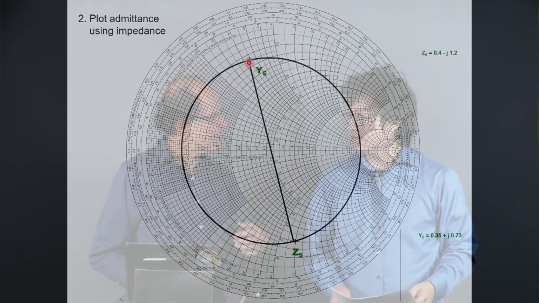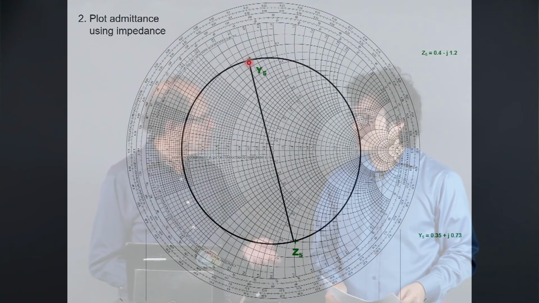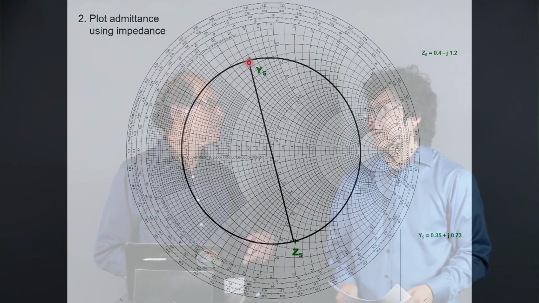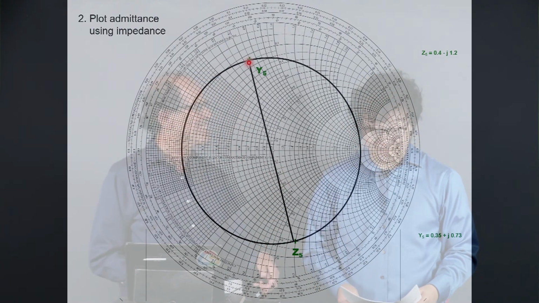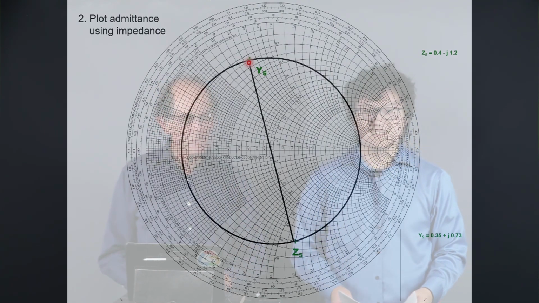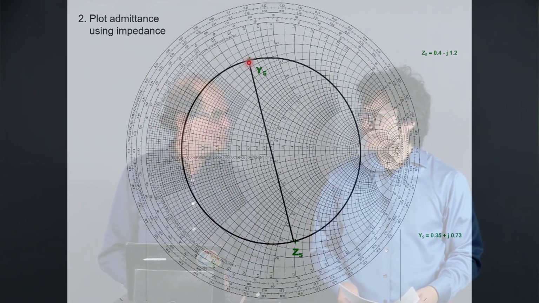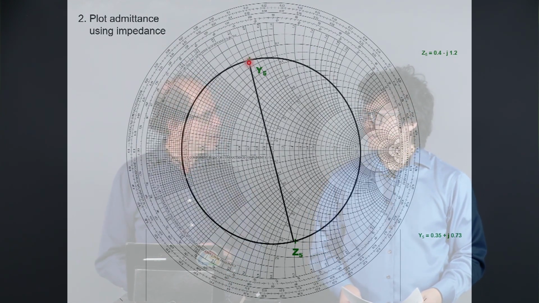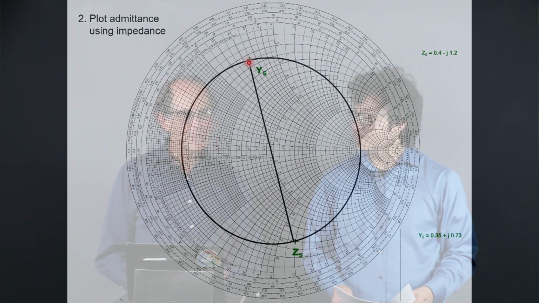It's easier to add parallel chunks to transmission lines to make them work properly rather than series chunks, because then you'll have to cut the lines. That's right, and that's way more messy. So for parallel circuits, using admittances makes a lot of sense. Let's see if we can extend the idea when we're traveling along the transmission line, and that'll be in the next slide.